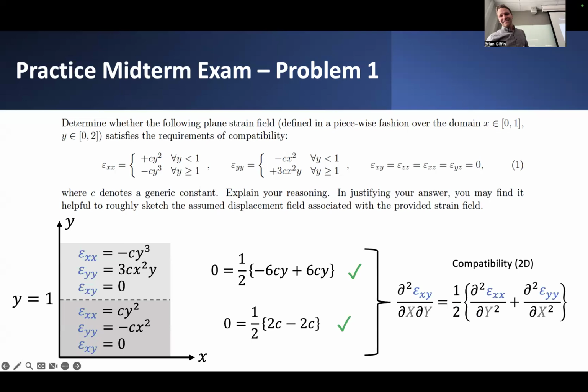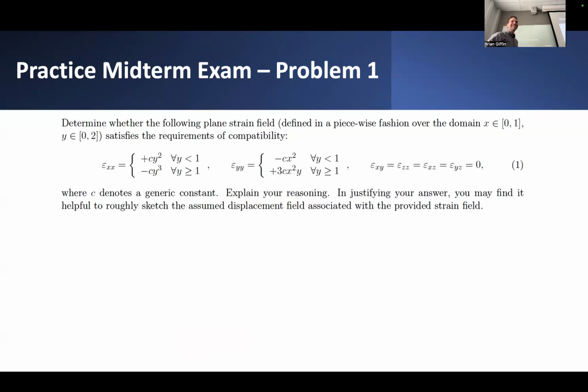Here it is. Just to give you a sense, this is what it is. It's basically the second partial derivative of epsilon xy with respect to both x and y. And the compatibility equation basically says that this term has to be equal to 1/2 the partial derivative of epsilon xx twice with respect to y, plus the partial derivative twice of epsilon yy with respect to x. Okay, now forget that I just showed you the answer here. How would we actually go about implementing this?